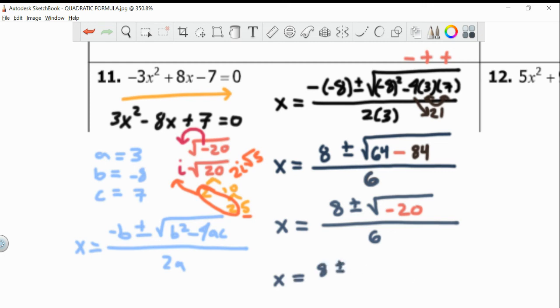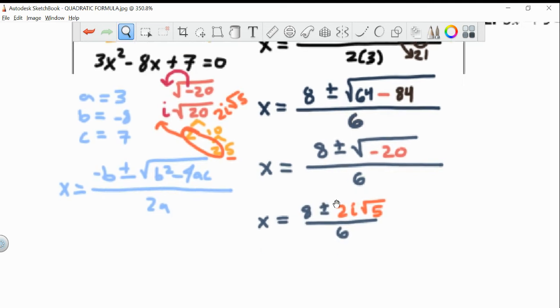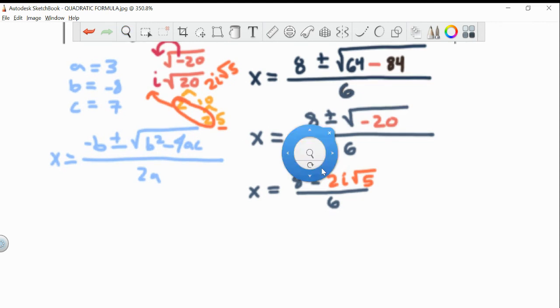8 plus or minus 2i square root 5, all over 6. And again, this is a really good job, but it's not the perfect answer yet.